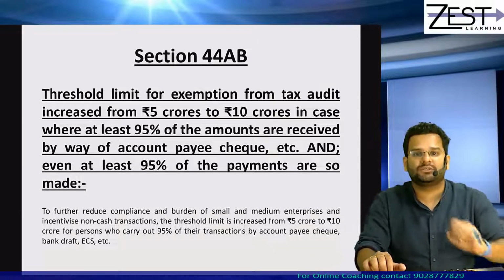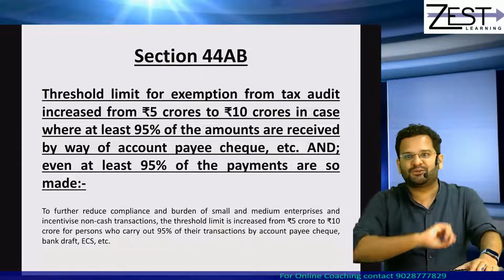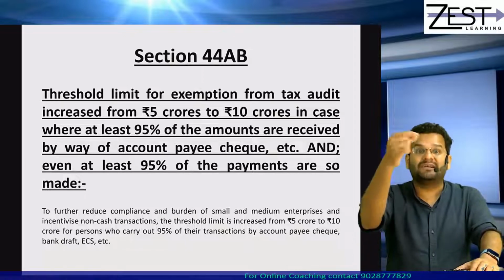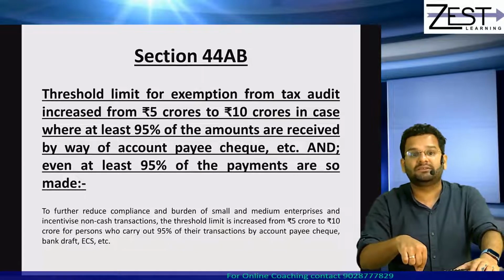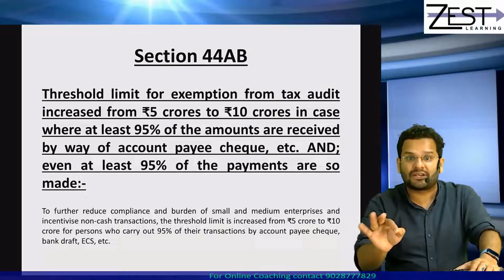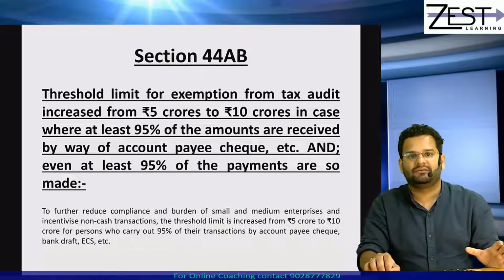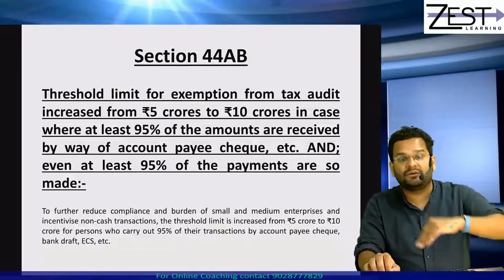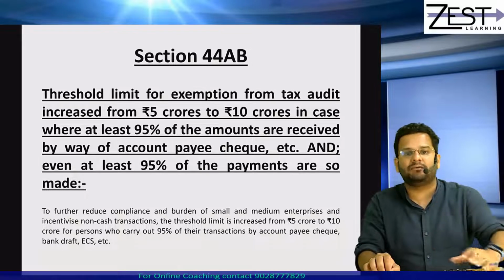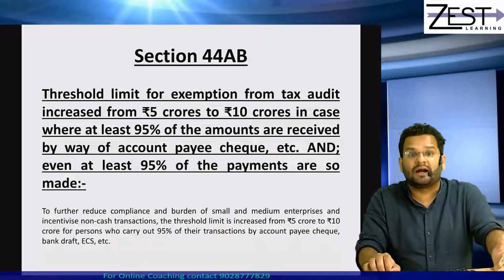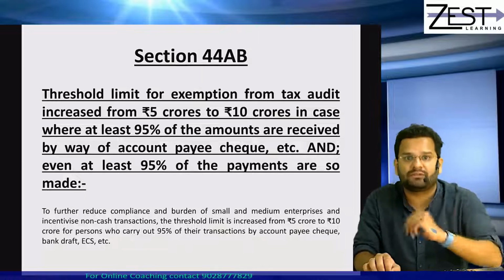In what situations? 2 conditions should be satisfied. One, whatever amounts I am receiving, they should be received in mode other than cash, to the extent of 95%. Getting the point? And whatever payments I am doing, I should be doing it in mode other than cash, again to the extent of 95%.